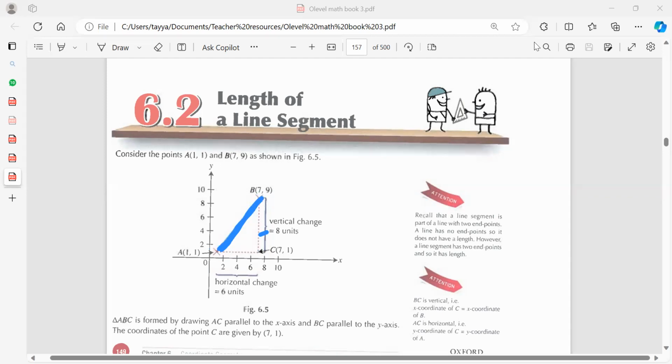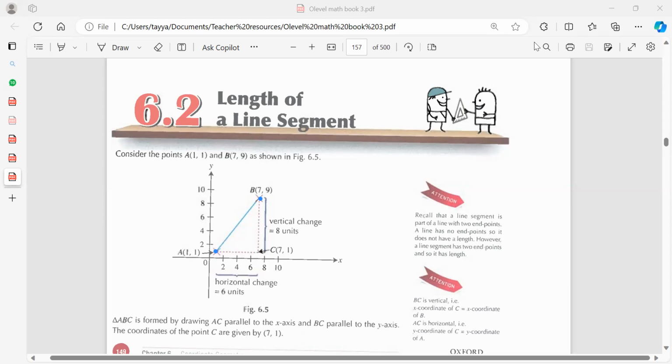I will explain again. This point given is (1, 1), and this point given is (7, 9). According to x it is 7, and according to y it is 9, in the middle of 8 and 10. Then we have to find the C point.